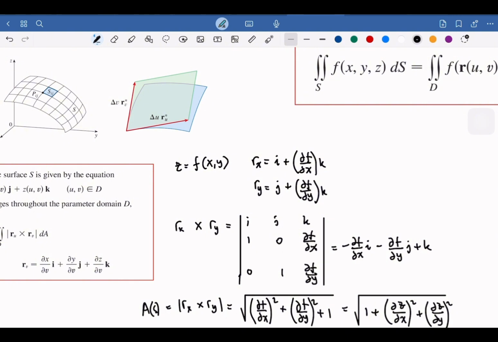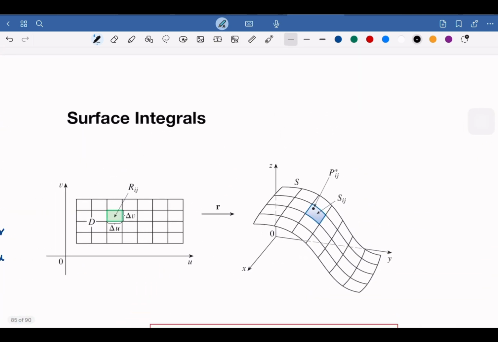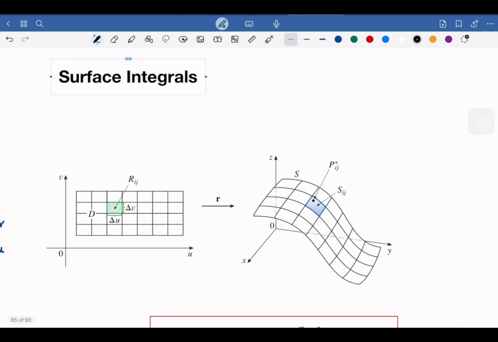Okay, now we define the surface integrals from the parametric surface. So suppose that we have R. Let me just rewrite again. And we are going to use u, v. This is parametric surfaces.